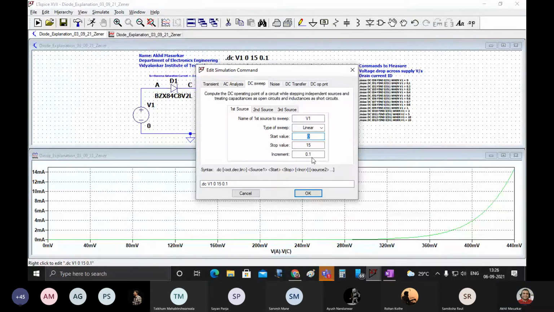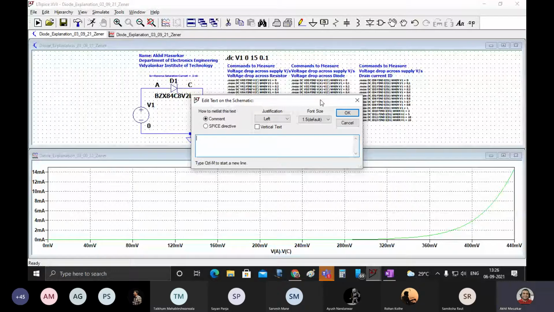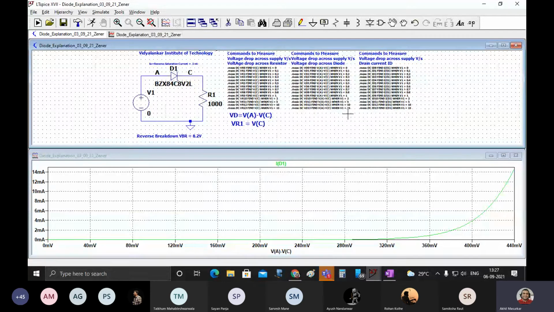breakdown voltage is equal to 8.2 volts. So I'll just put it down somewhere here, that the breakdown voltage is 8.2 volts.